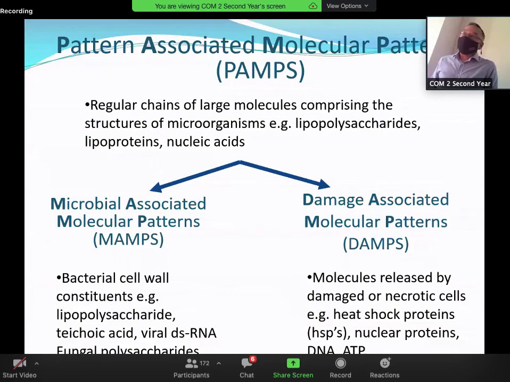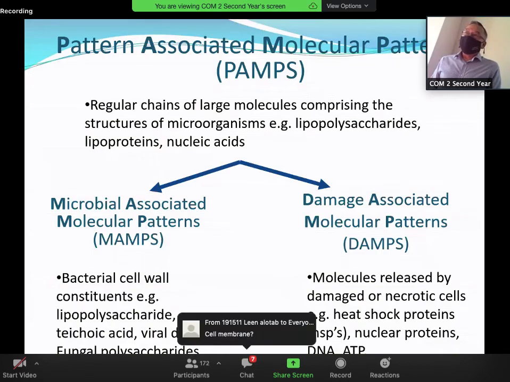Where would you find complex lipids and sugars in a bacterial cell? DNA is one of them. On the cell membrane, cell wall, bacterial cell membranes are made up of repeat units of complex sugars like lipopolysaccharides, teichoic acid, and so on.